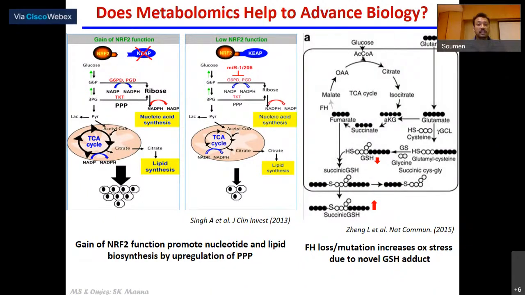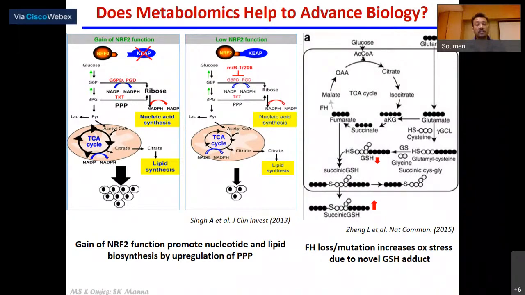However, cancer cells somehow have constitutive expression of this NRF2 gene, and that somehow probably helped them. We could only understand how when we looked into the metabolism, and we did both steady state as well as stable isotope labeling experiments, where we saw that it is basically a significant upregulation of the pentose phosphate pathway.